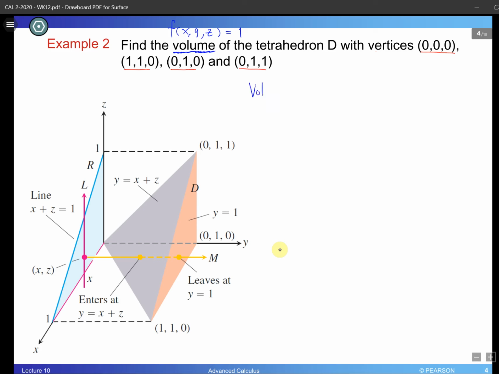Volume of integration domain D equal to the triple integral of the function value, which is equal to 1 in this case, because we want the volume to be the result of this integration.